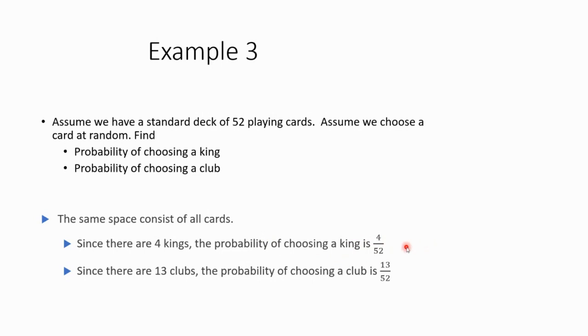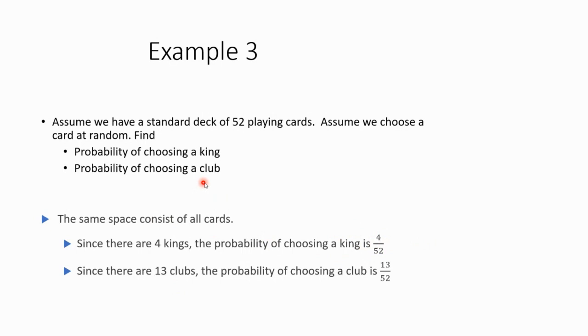What outcomes correspond to choosing a king? Well, you can choose a king from the suit of diamonds, from the suit of hearts, and so on. So there are 4 outcomes with that event, the event of choosing a king, and 52 outcomes altogether.